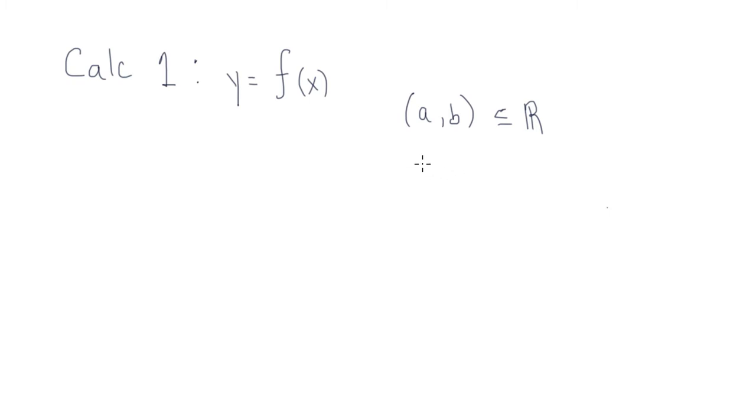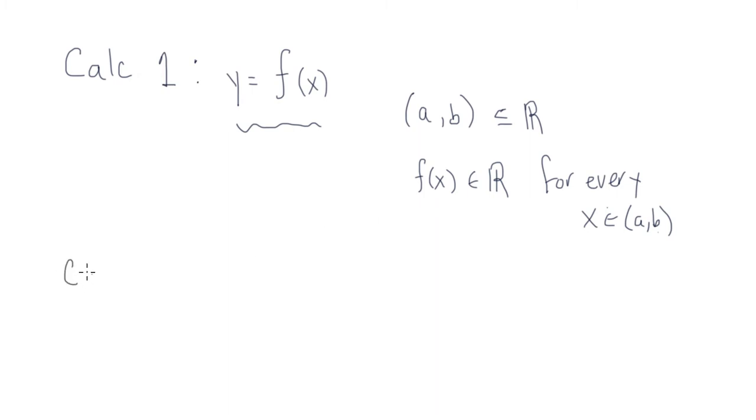So what we have is that f of x is also a real number. So for every x in this interval, this is just an example of a function of one variable. We take a number and a subset of the real line, and we assign a real number for each x in the domain of f.